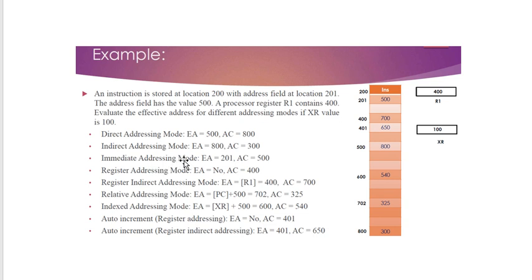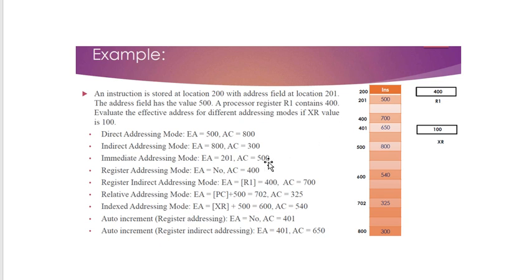Now the next part is immediate addressing mode. Immediate addressing mode is like this: the operand I give you in the address field is what I'm using. Now remember, in this architecture, we stored the instruction at location 200. So that means the effective address is 200, and the value stored at 201 is 500.